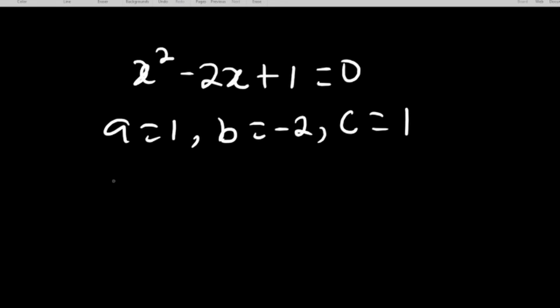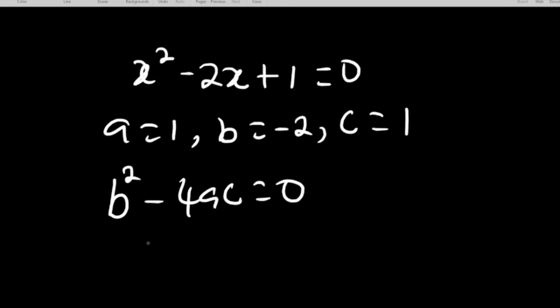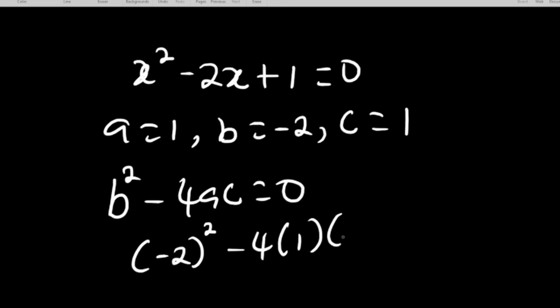Let's substitute. So we say b squared minus 4ac equals 0. Our b here is negative 2, so we substitute. We have negative 2 squared, then minus 4, our a is 1, our c is 1.